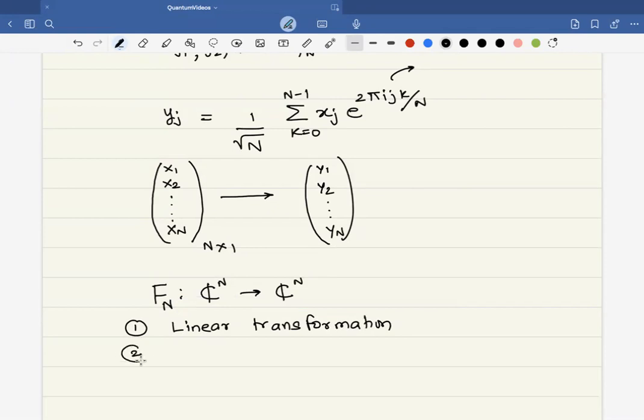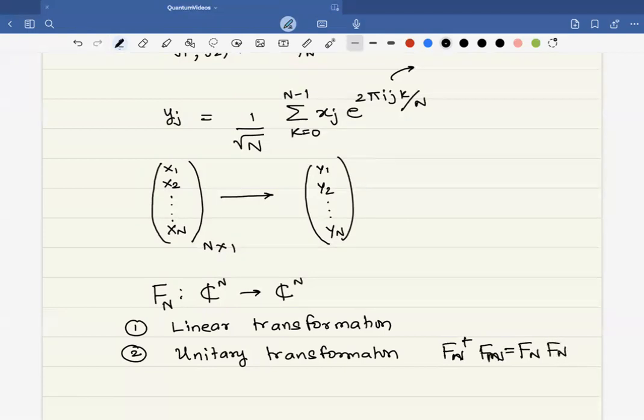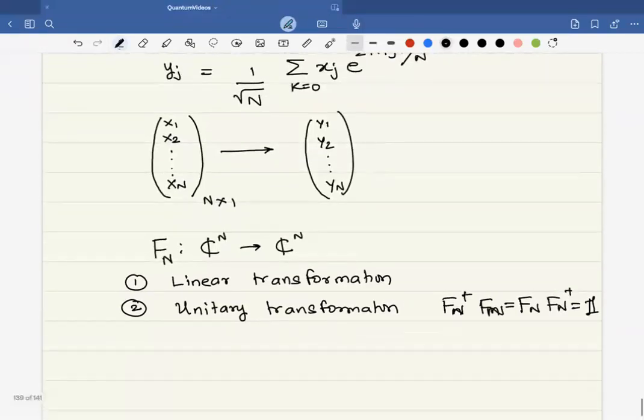Not only is it linear, but it is a unitary transform, in the sense that Fn dagger Fn is equal to Fn Fn dagger is equal to identity. So it's a unitary transform on the space of complex numbers Cn.